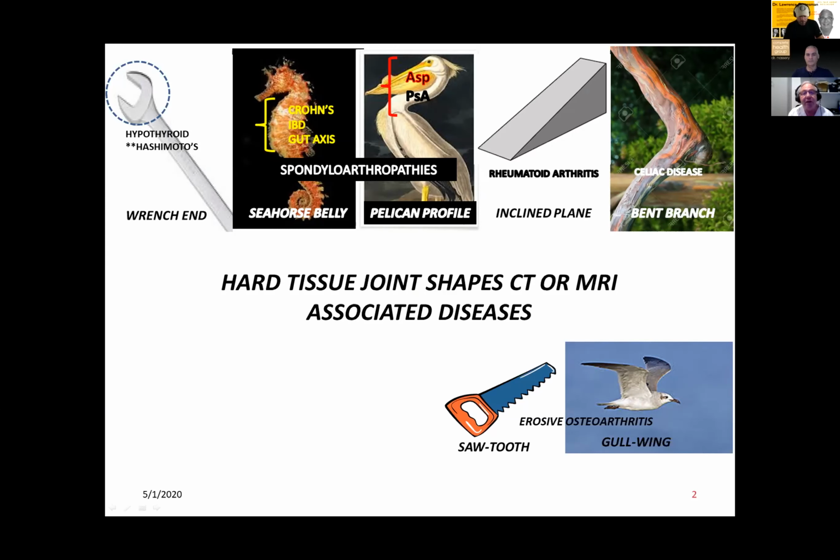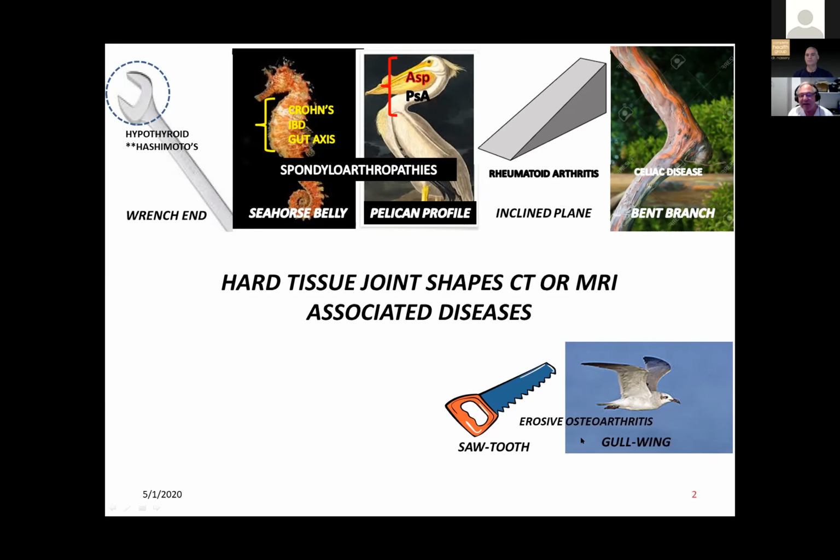I'm going to show you the spondyloarthropathies, and I picked the belly of the seahorse along with the beak of the pelican, which I call a pelican profile. The other, in rheumatoid arthritis, is the inclined plane. And in celiac disease, I use the bent branch.